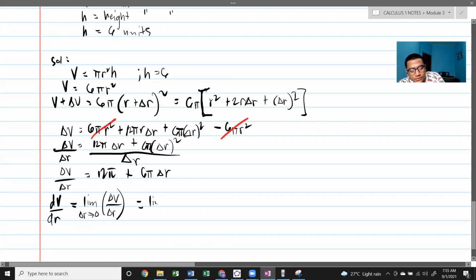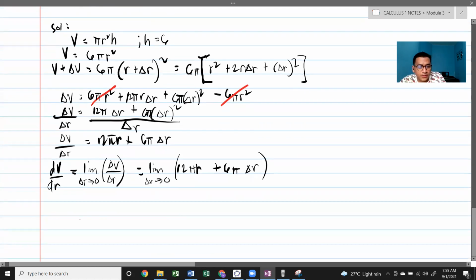So this is equal to the limit of 12 pi R plus 6 pi delta R as delta R approaches 0. We forgot the pi here, okay, that's right, we're in a hurry. So from here, we have the derivative of V with respect to R is equal to 12 pi R, because this term will become 0.